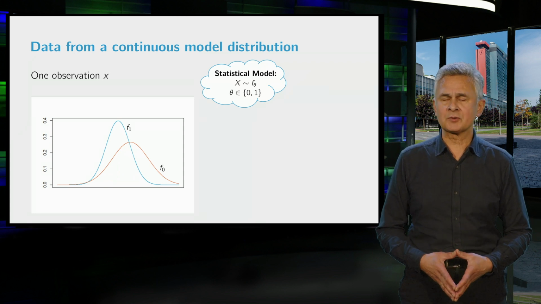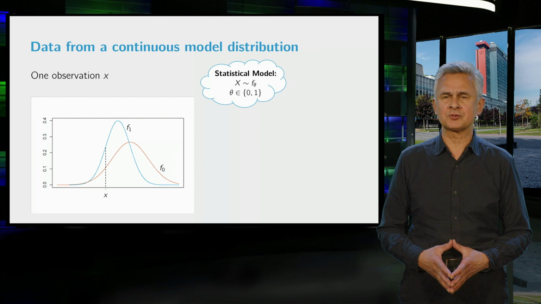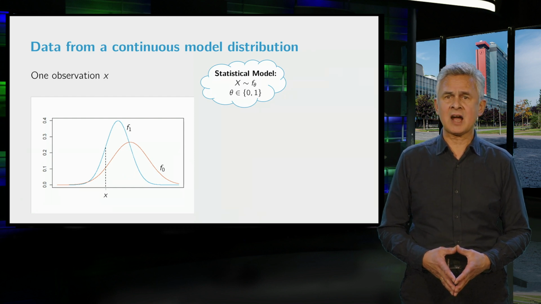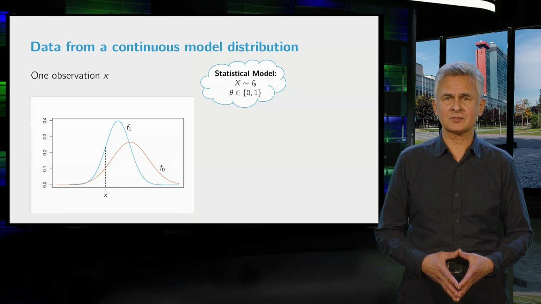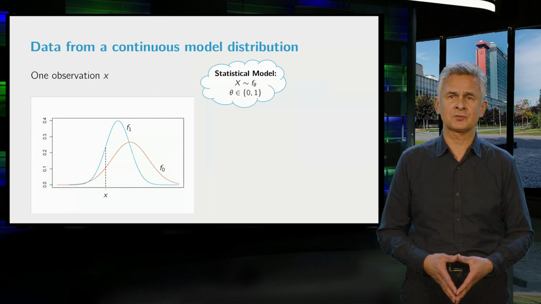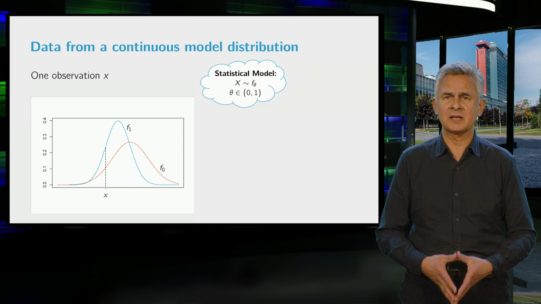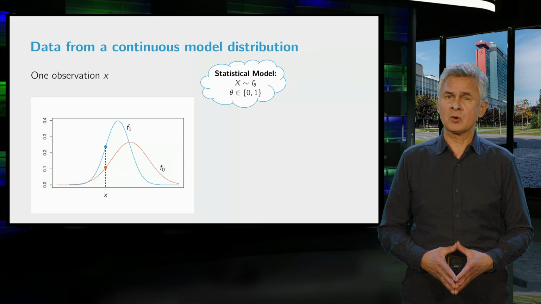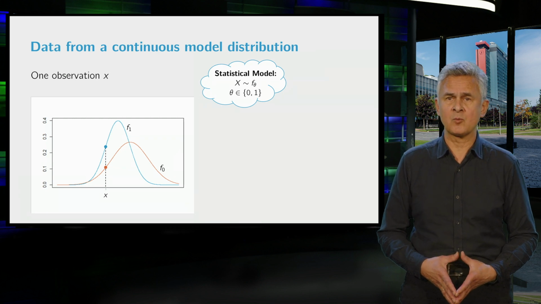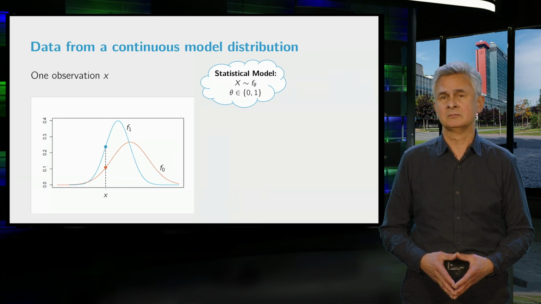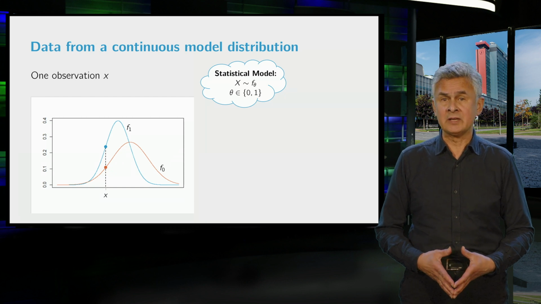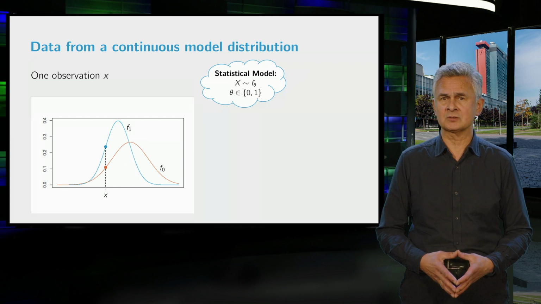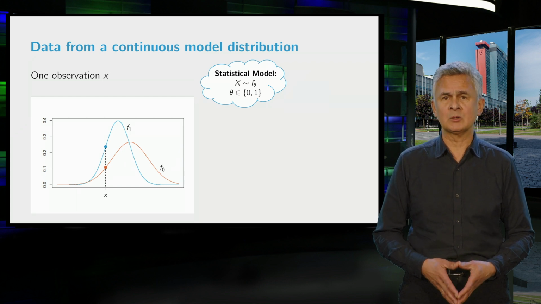And suppose that our observation x is at this position. Now, from probability theory, we know that the height of a probability density at x represents how likely it is that x will be generated from that density. So in this situation, it's more likely that x is generated from f1 than from f0. And so, if we need to choose between the two values for theta on the basis of this observation, we would choose theta equal to 1.